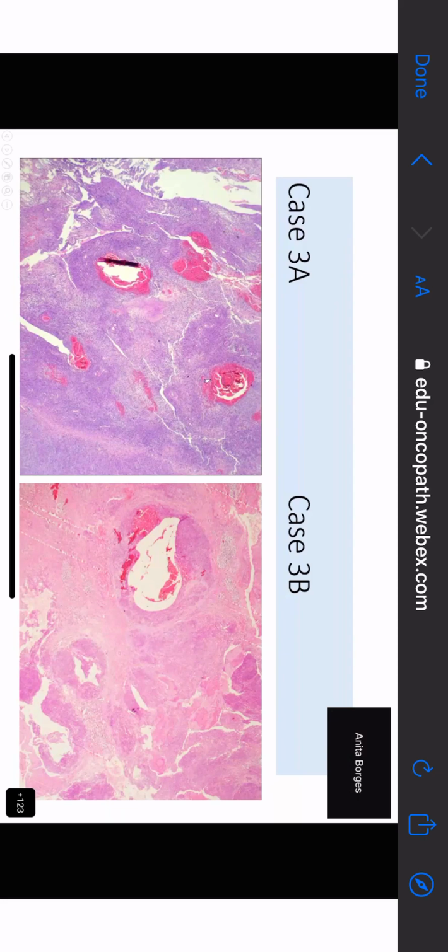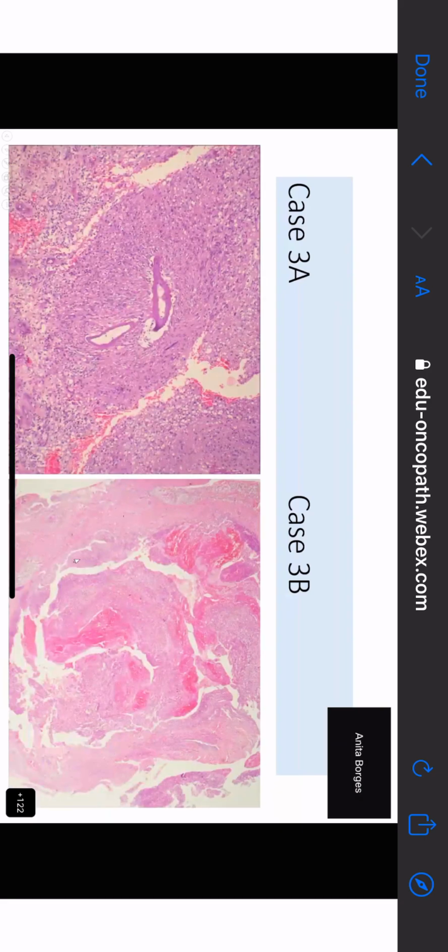They are not spaces that are filled with blood. You see the difference between the two? Yes, ma'am. This is observationally very, very important. This looks like just pure hemorrhagic areas in the tumor on the left-hand side. There are spaces. You can see that there is a space even on the left-hand side, but they are not filled with blood.